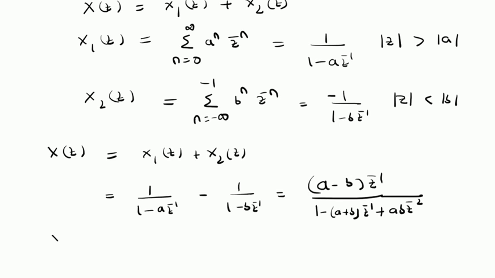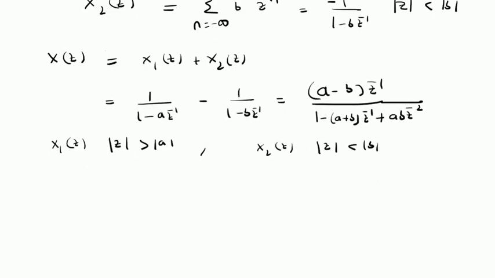Recall that for x1 of z, the ROC is absolute value of z greater than absolute value of a, and for x2 of z, the ROC is a region bounded by a circle of radius b. Now to find the ROC of the combined signal, we have to find the intersection of these two regions.